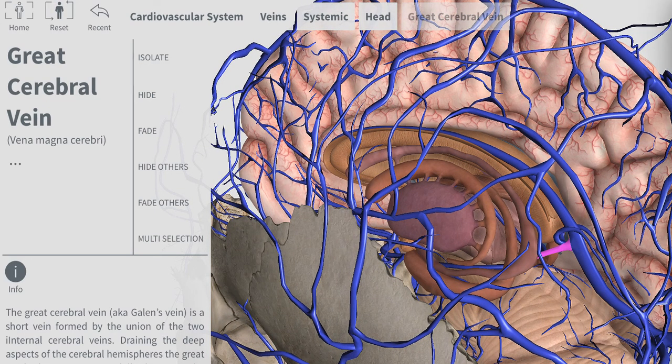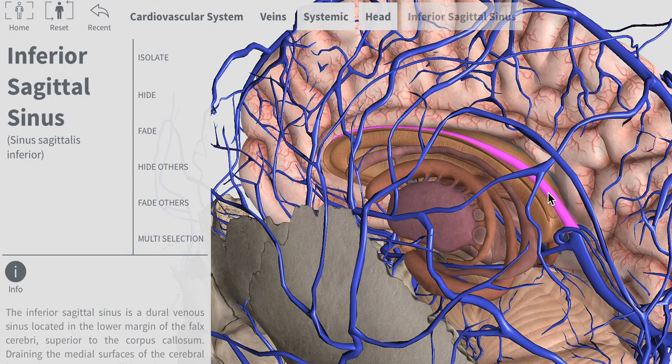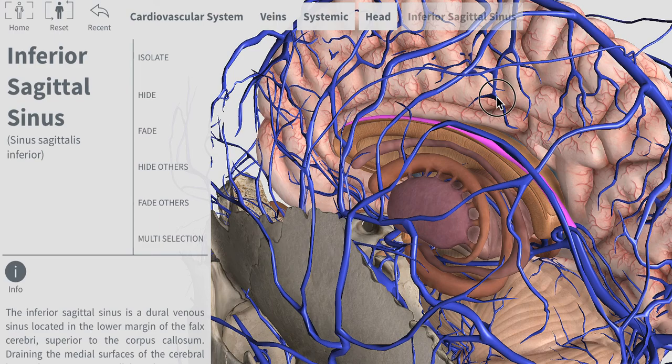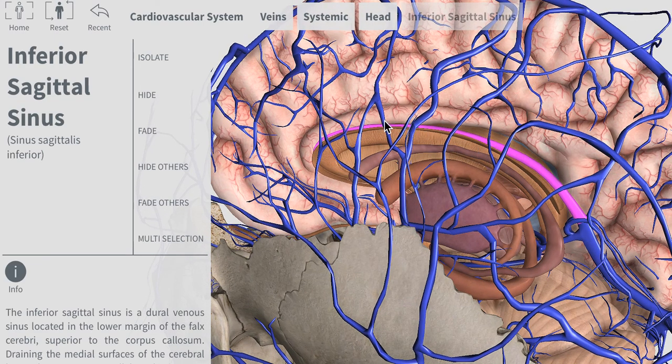Now another structure that's sort of connected to the great cerebral vein, and then they would drain into this straight sinus, which we'll talk about in a second, is this one. It's also formed by the falx cerebri, which is the infolding of the Dura Mater along the longitudinal fissure. Again, it would drain blood.